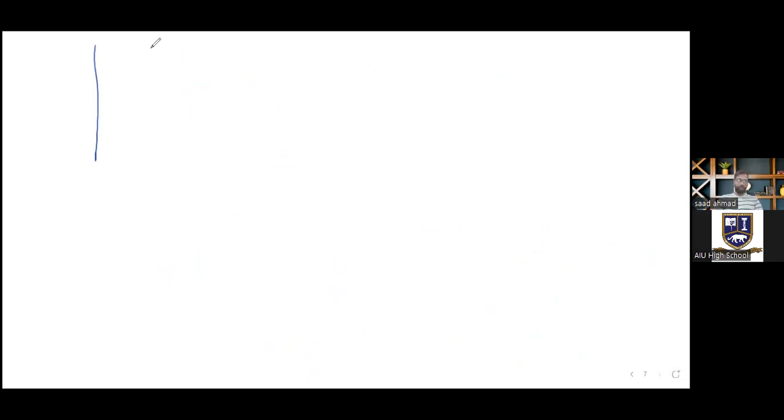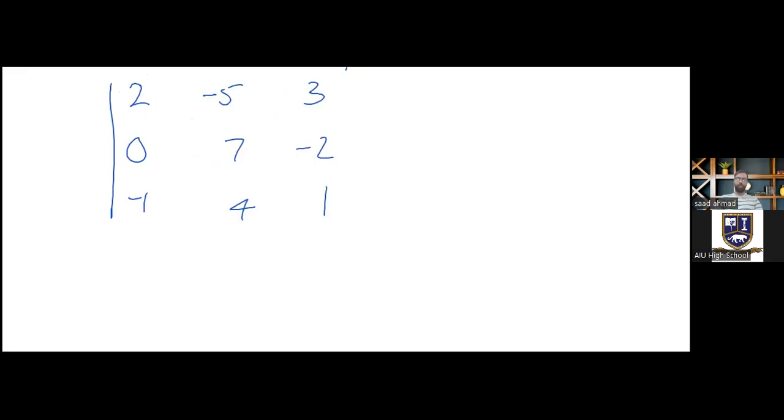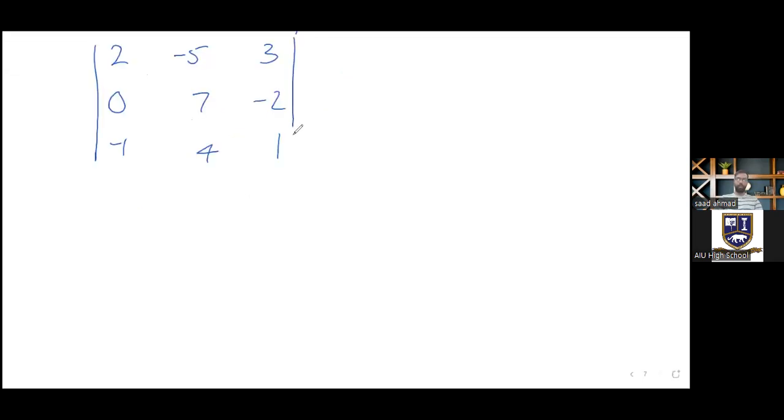So let's say we have 2, -5, 3, 0, 7, -2, -1, 4, and 1. We want to find its determinant.